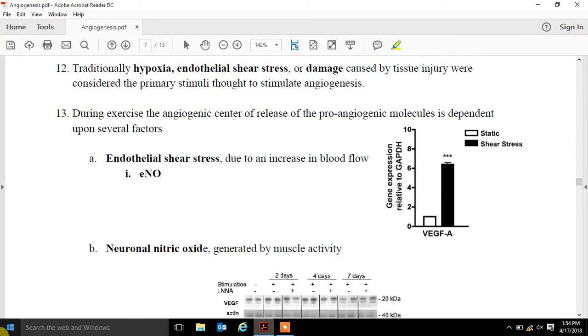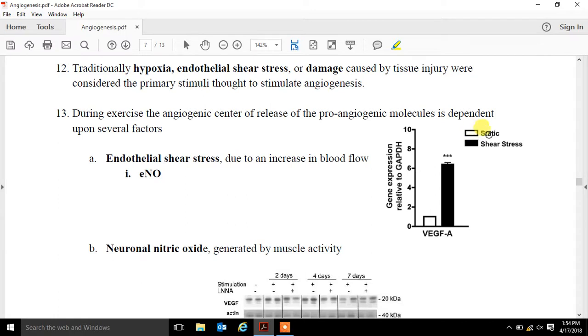This angiogenic center releases pro-angiogenic molecules. And we know that endothelial shear stress, again that friction within a blood vessel due to increases in blood flow and blood velocity, is going to increase some of these pro-angiogenic molecules.